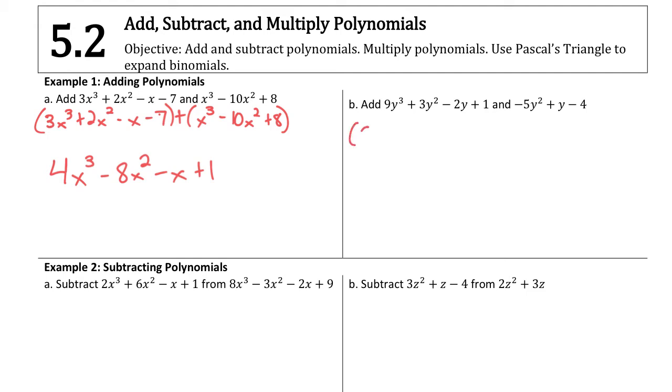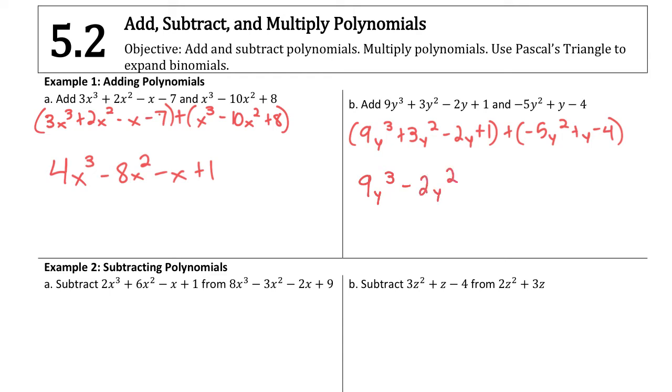Next one. If you want to try this one on your own, go ahead right now, pause the video, and try it. So like terms here. 9y cubed doesn't have any like terms, so it stays 9y cubed. 3y squared, negative 5y squared, added together, negative 2y squared.